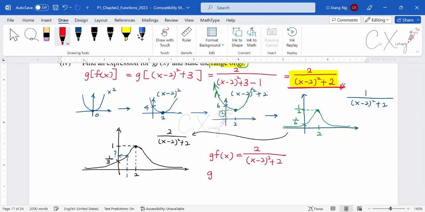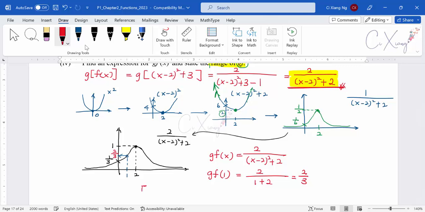And I want to know the value if I substitute 1 into my composite function. So what do I get? I'm having 1 square, which is a 1, then plus 2, and I get 2 over 3. Which means that when x equals 1, my gf(x), this particular value should be equal to 2 over 3.